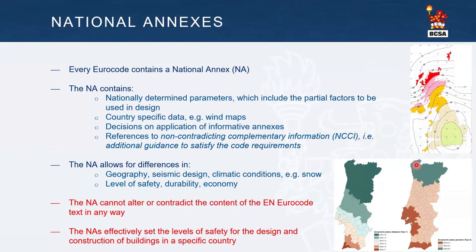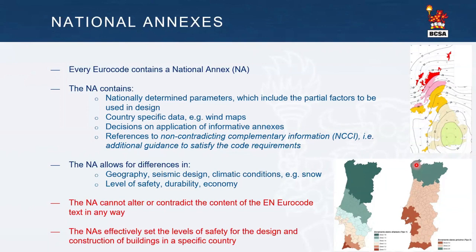The second generation of the national annexes will also allow the references to non-contradicting complementary information, the so-called NCCI, to be directly included in the national annexes, and this will be very useful. Essentially, these NCCIs, you can understand them as clarification to the requirements given in the main body of the code.